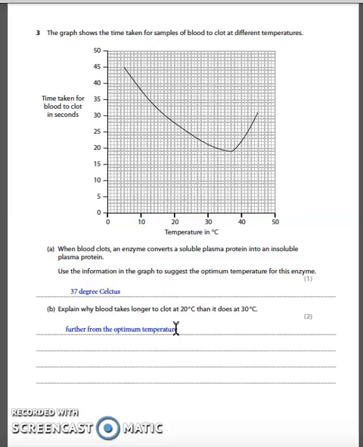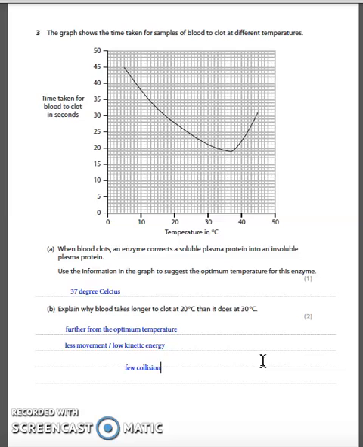Besides that, when it is further from the optimum temperature, there will be less movement due to low kinetic energy. When there is low kinetic energy, there will be fewer collisions.